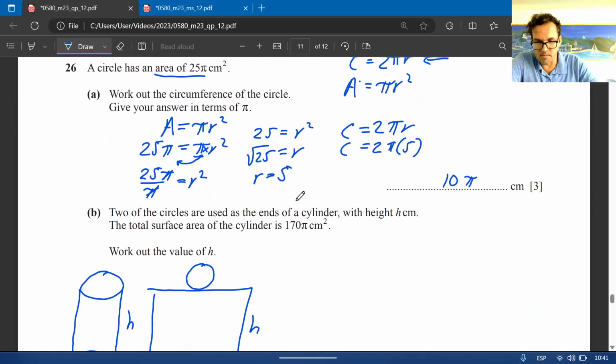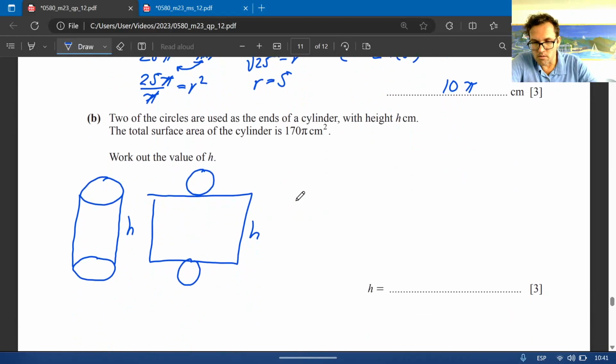We know that the area of the circle is 25 pi. So that's 25 pi, and that's 25 pi. So the area of the two circles is 25 pi plus 25 pi. That's 50 pi.